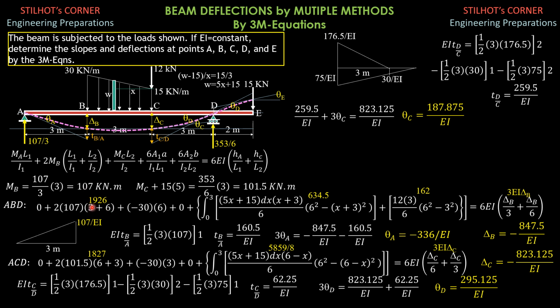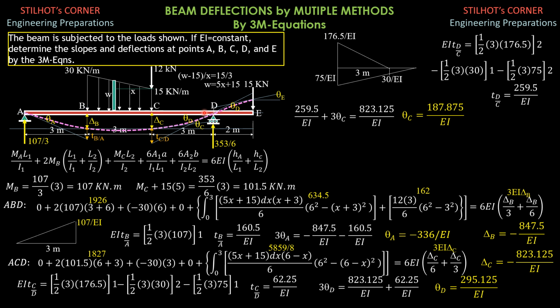So, 3 over 1 plus L2, the distance between B and D, because we consider A, B, D. So L1 is the length of AB, L2 is the length of BD, which is 6. Then plus moment at D, which is negative 30, times L2, 6, plus 6 area 1A over L1. There's no load in portion AB, so there's no value for 6 area 1A over I1 L1.